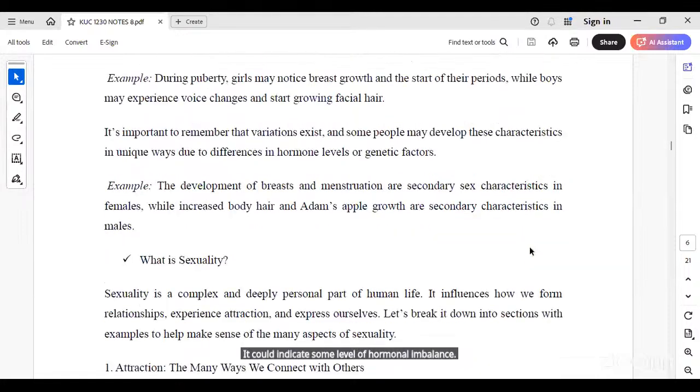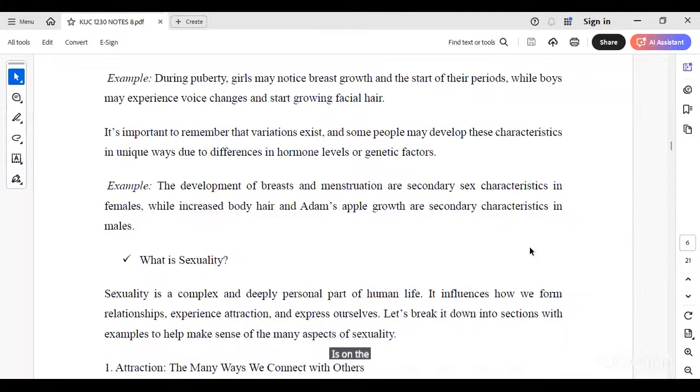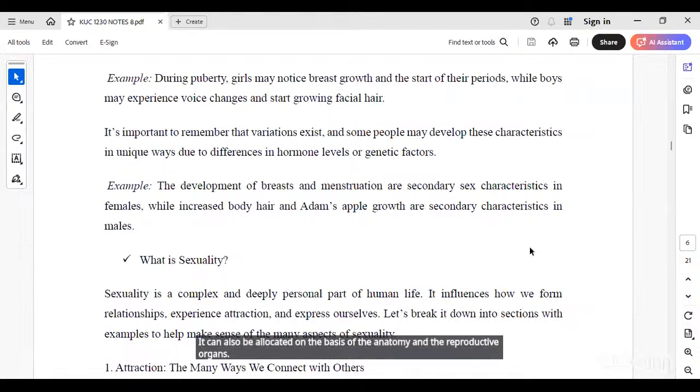So sex is on the basis of the chromosomes, on the genes that you carry. It's on the basis of the hormones and the levels of those hormones in your body. It can also be allocated on the basis of the anatomy and the reproductive organs that you carry.